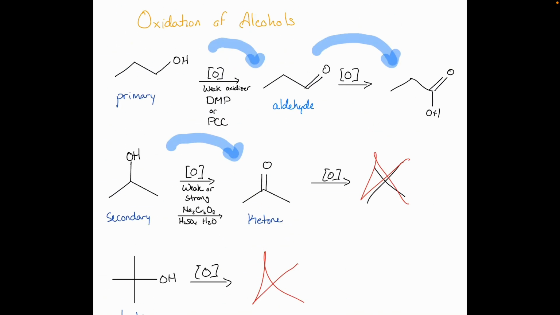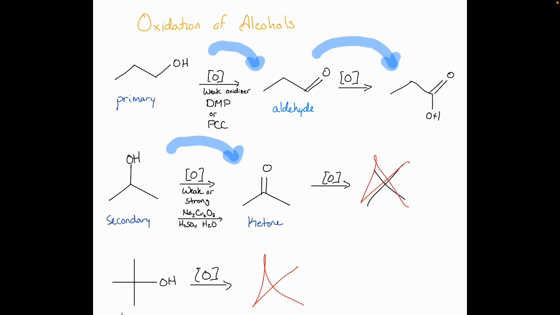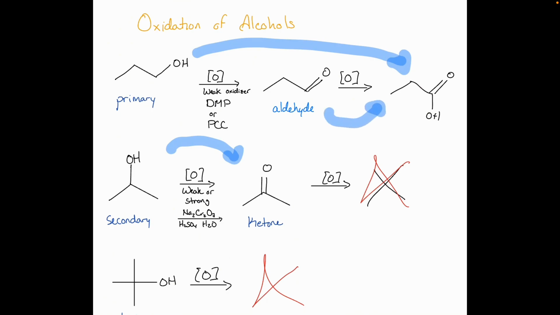In the same way that our strong oxidizer will take a primary alcohol all the way to a carboxylic acid, blowing right past that aldehyde step, we could oxidize an aldehyde too.